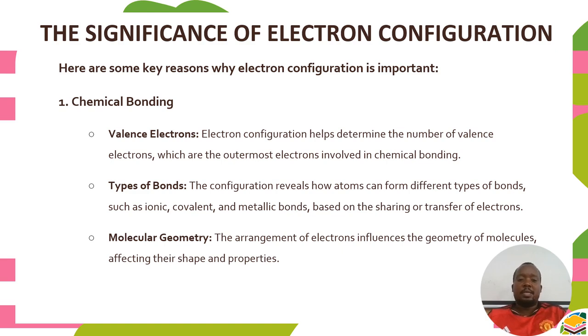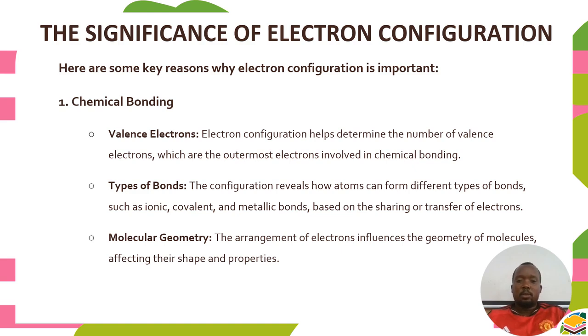So electron configuration will help us to determine the number of valence electrons, which are the outermost electrons involved in chemical bonding. Not only that, but it will also tell us the types of bonds, whether the bonding type is ionic, covalent, or metallic.